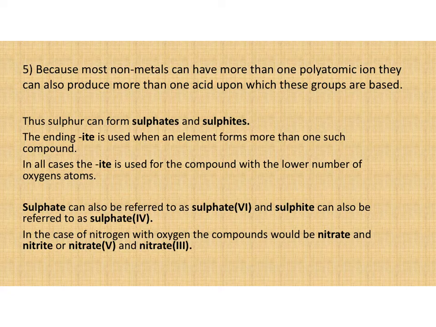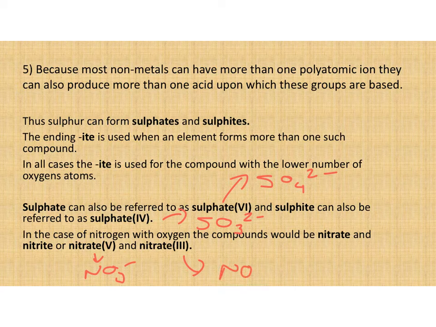Just to confuse things further, sulfite and nitrite are the old names for those polyatomic ions. The new names are sulfate(VI) for SO4 2- and sulfate(IV) for SO3 2-. And for nitrate and nitrite, we say nitrate(V) for NO3- and nitrate(III) for NO2-.